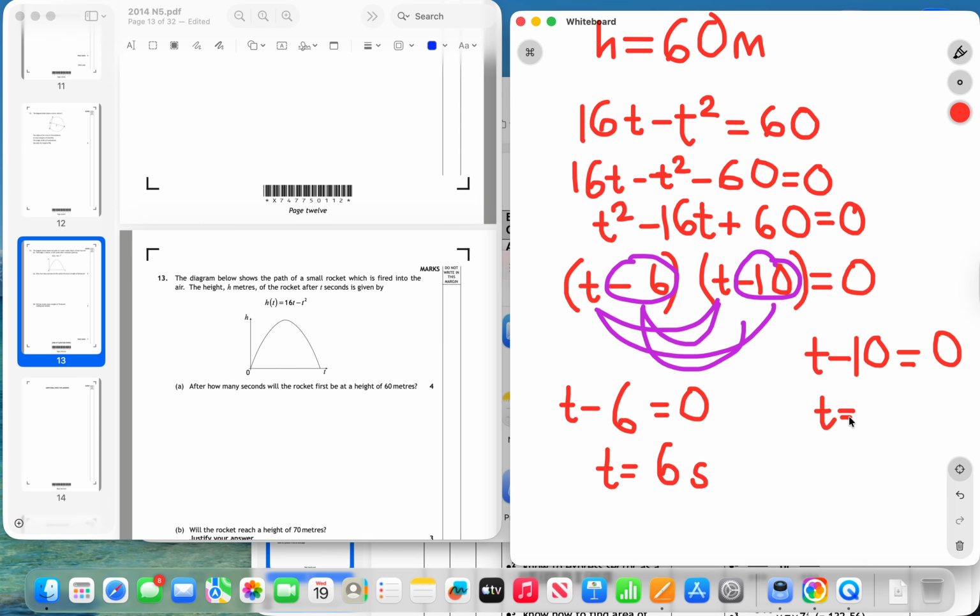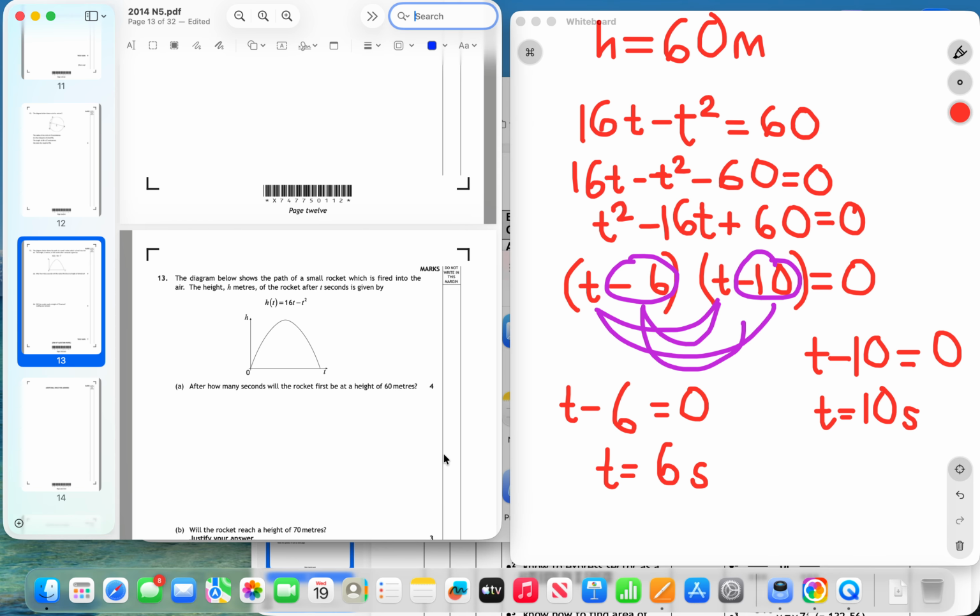But if we have a look at the question, it asks us after how many seconds will the rocket first be at a height of 60 metres. Now, if we have a look at the context, then 6 seconds after it's launched, it will be at a height of 60 metres. And after 10 seconds, it will also be at a height of 60 metres. But the question asks, what's the first time?